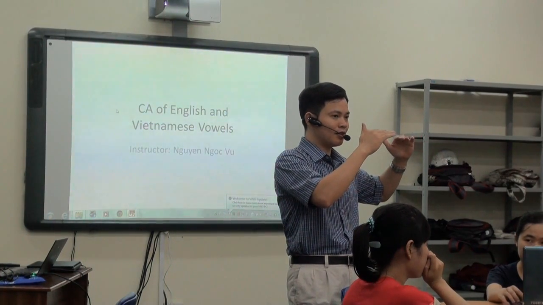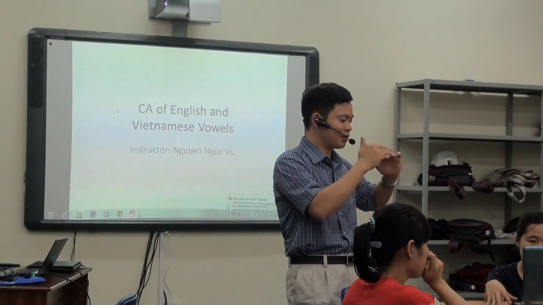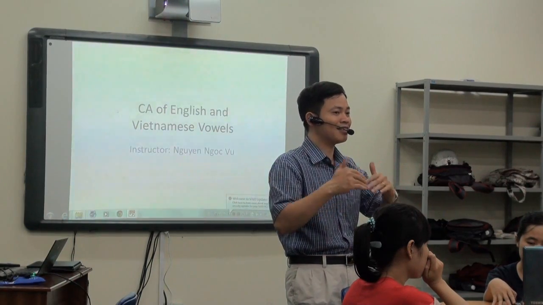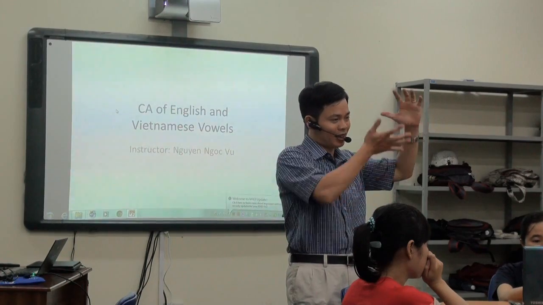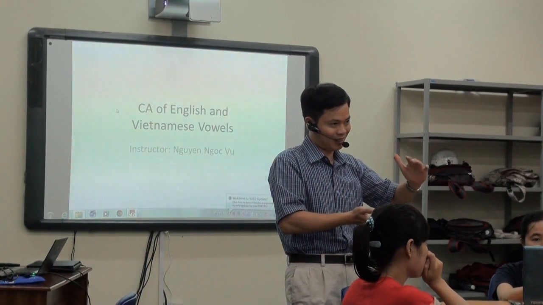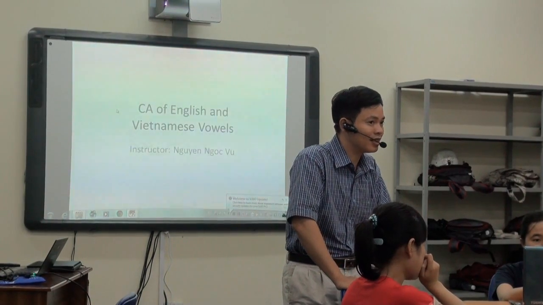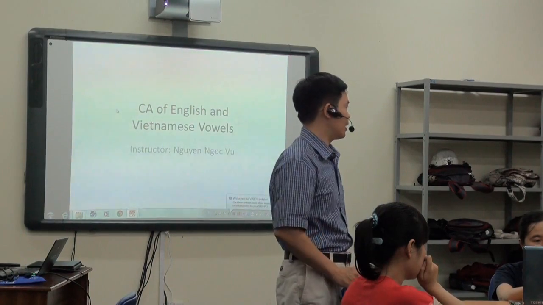For every discussion point, we can say English is like this, Vietnamese like this, and then the next point, and then the third point, or it can be a whole block of discussions about English, and then a whole block of discussions about Vietnamese. Those are the two layouts of analysis.